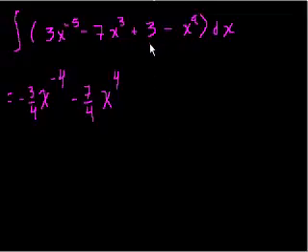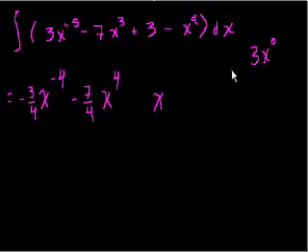And now, this is interesting. Just 3. How do we apply this? Well, isn't 3 the same thing as 3 times x to the 0, right? Because x to the 0 is just 1. That's how you should view it, and it shows you that this rule is actually very consistent. So what's the antiderivative of 3? If we view 3 as 3x to the 0, we raise the exponent by 1, so now we have x to the 1, and x to the 1 is just x, so I'll leave it as an x.